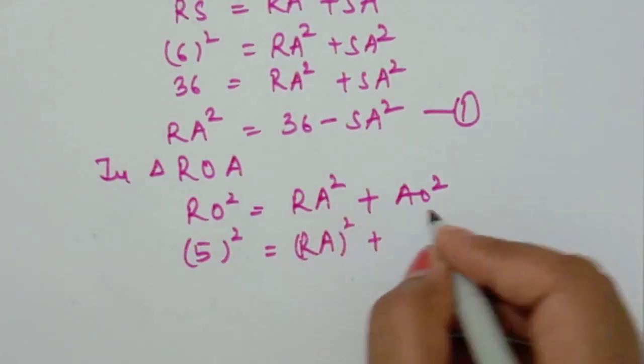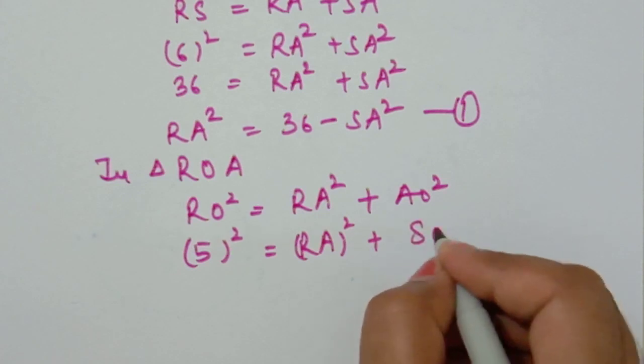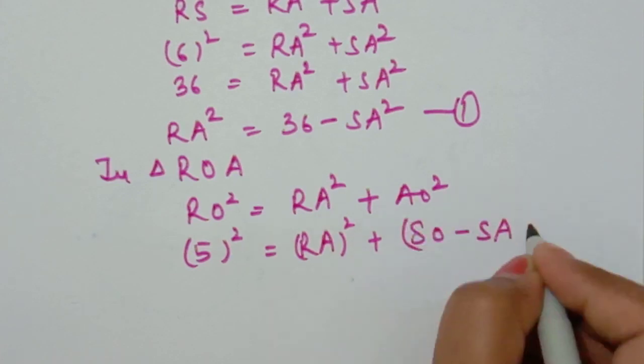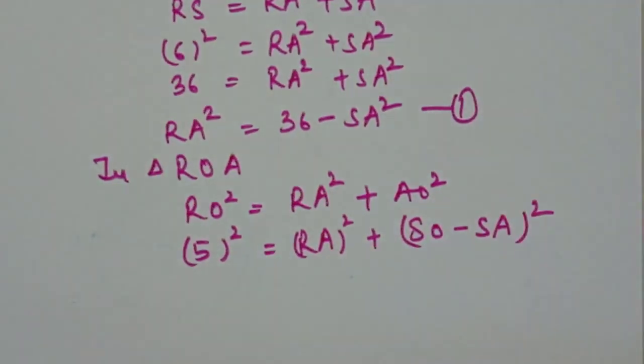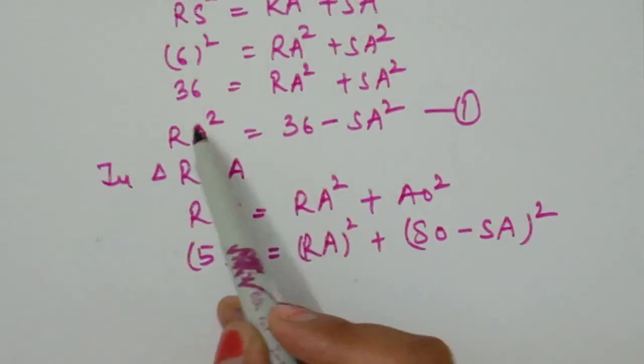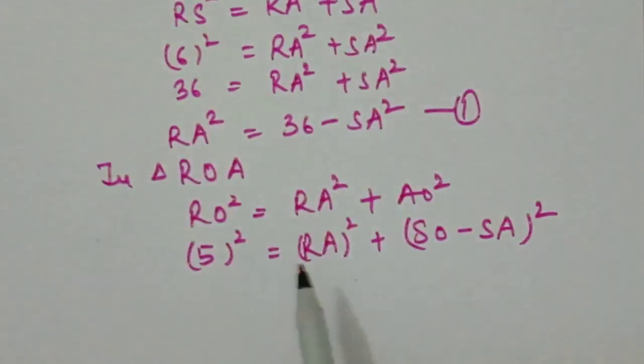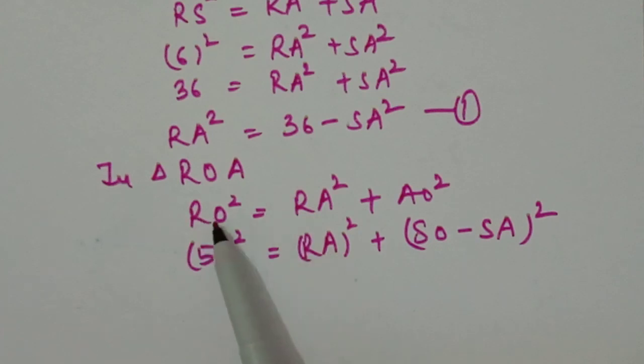We can write AO as SO minus SA, whole square, because here we have RA and SA, two variables, and here we have RA and OA. With three variables we can't solve them, so we have to change it to SO and SA.